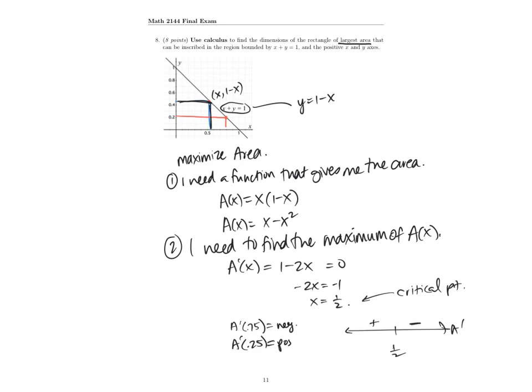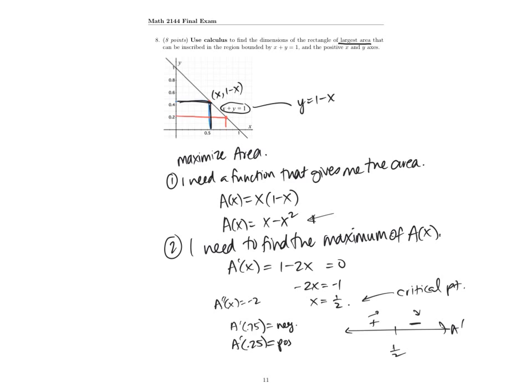So by the first derivative test, I have increasing, then decreasing. I could also do the second derivative test and see that A double prime of x is negative 2. So I know my function A of x is concave down. I also know that A of x is concave down because it's an upside down parabola. So I know it's going to have a maximum.